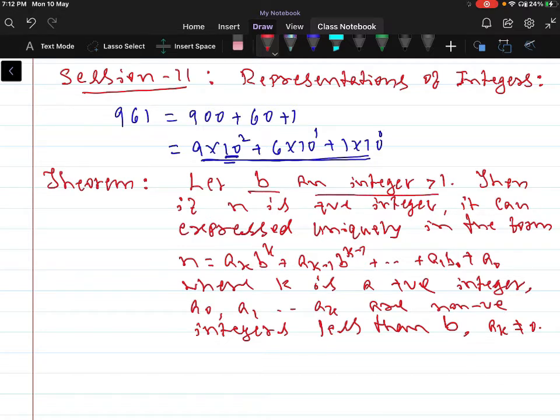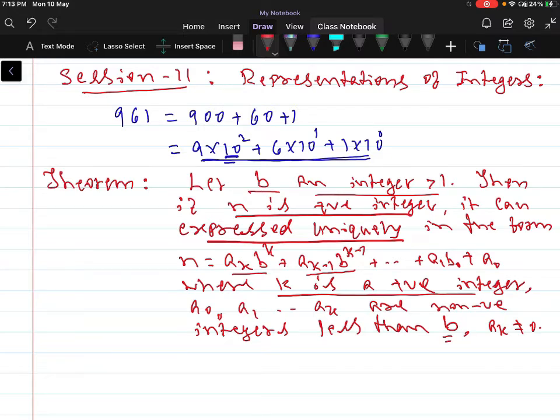Then if n is a positive integer, it can be expressed uniquely in the form n is equal to a_k into b power k plus a_(k-1) into b power k minus 1 and so on, plus a_1 into b plus a_0, where k is a positive integer, where a_0, a_1, a_2 and so on up to a_k are non-negative integers always less than b, where a_k is not equal to 0.